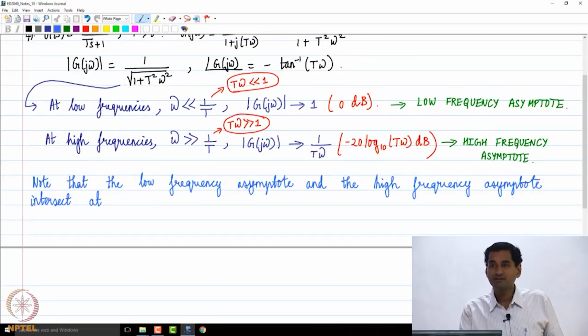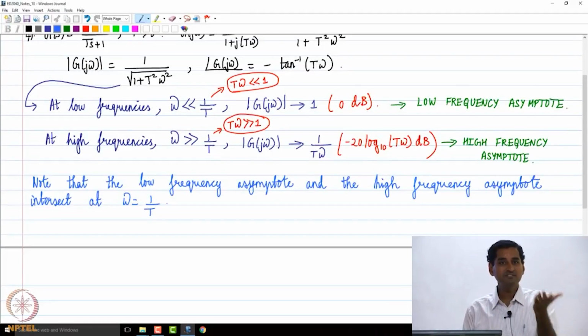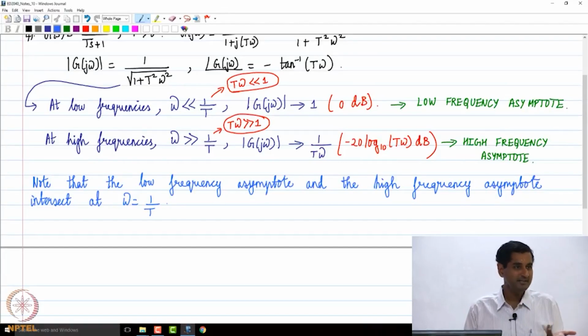When T omega is 1, or omega equals 1 by capital T. So when omega equals 1 by capital T, the low frequency asymptote, which is 0 decibel, and the high frequency asymptote give the same value. So in principle they are intersecting each other. This is what is called the corner frequency, or some people call it the break frequency.